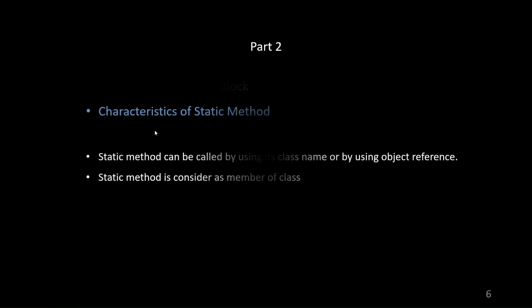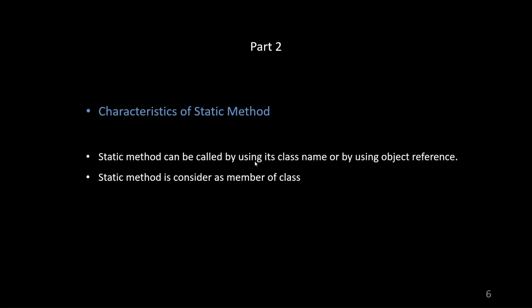But see, the first one is that a static method can be called by using its class name or by using the object reference. But the thing is, if your method is present in the same class, and you want to call that method in the same class, then you don't need to call it by using its class name or the object reference.